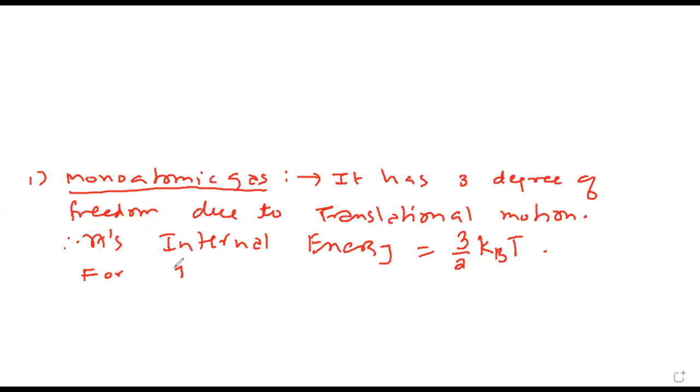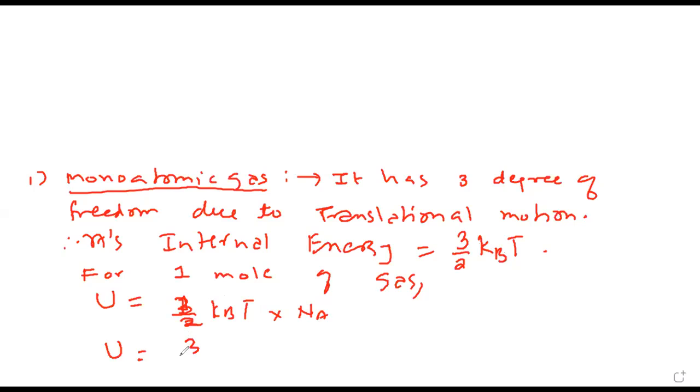So can I say for 1 mole of gas internal energy U will be, 1 mole means how many molecules? Avogadro number, correct? So this is 3 by 2 kBT into Avogadro number.